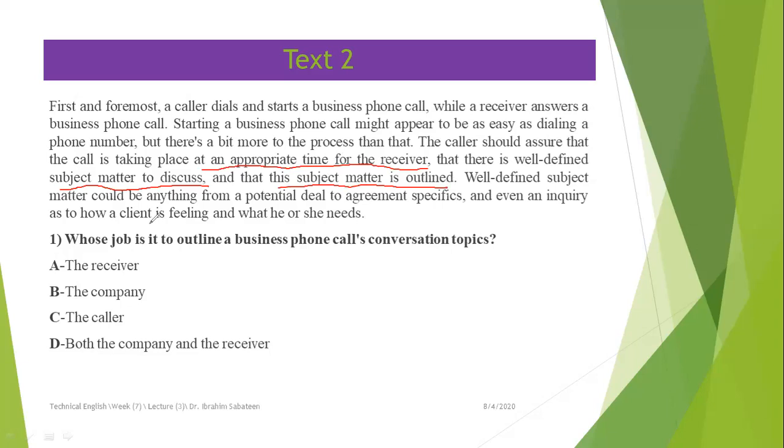Client معناتها زبون، حكينا عنها المرة الماضية، customer يعني. طب whose job is it to outline the business phone call conversation topics؟ مين اللي لازم يلخص أو يرتب أمور business conversation؟ The receiver, the company, the caller, or both the company and the receiver? طبعا هو الشخص المتصل، the caller. This is the correct answer.